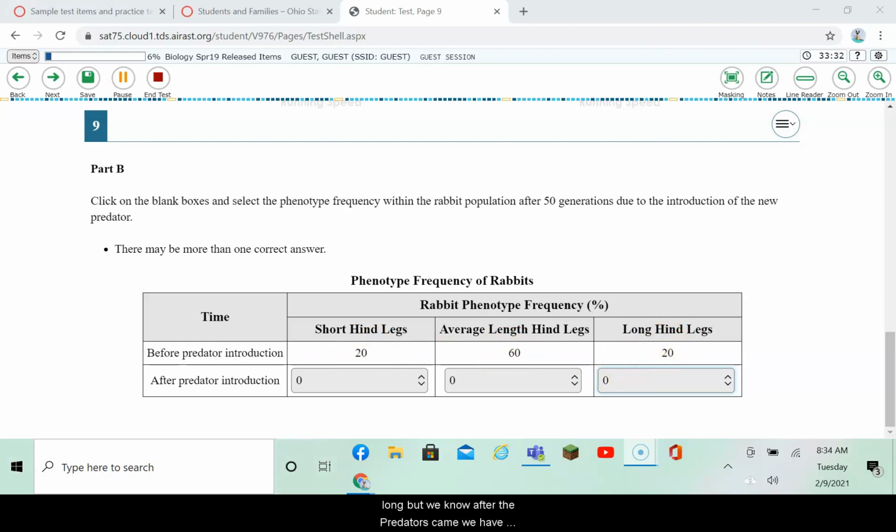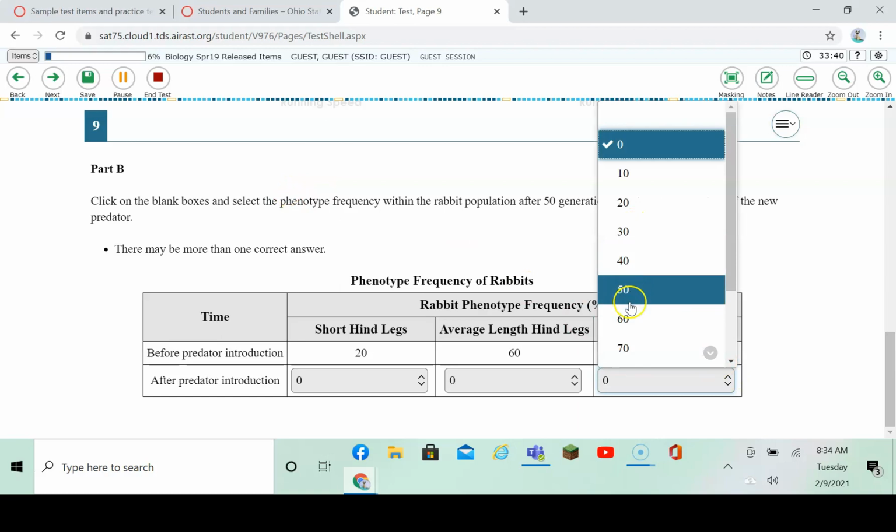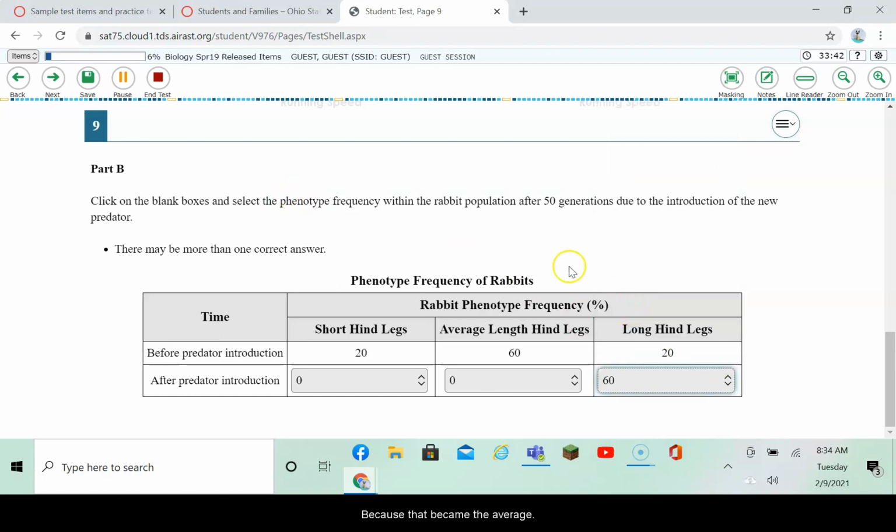But we know after the predators came, we have more long legs. So let's increase that, because that became the average. Then the average legs, well, we have less of them, so let's make them 30.